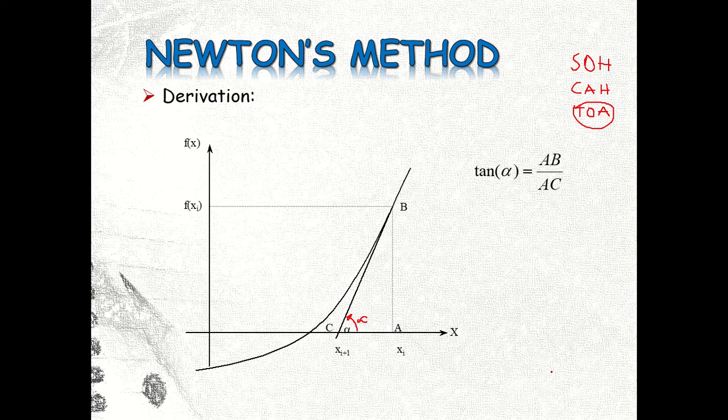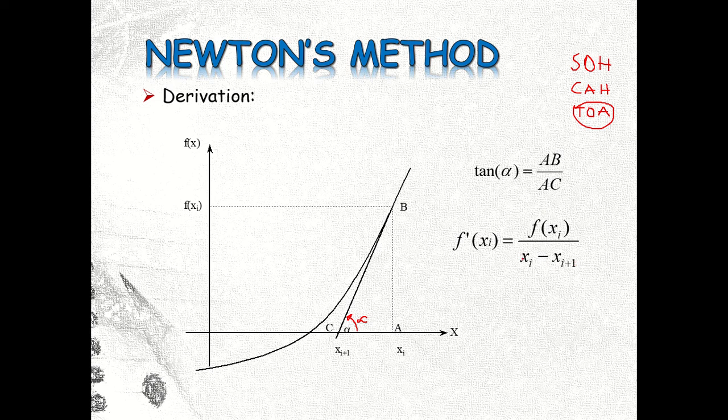Then we know that the slope of the tangent line is just the first derivative of the function. So we have f prime of x sub i, at this point we have x sub i. So we use f prime of x sub i equal to f of x sub i divided by x sub i minus x sub i plus 1.